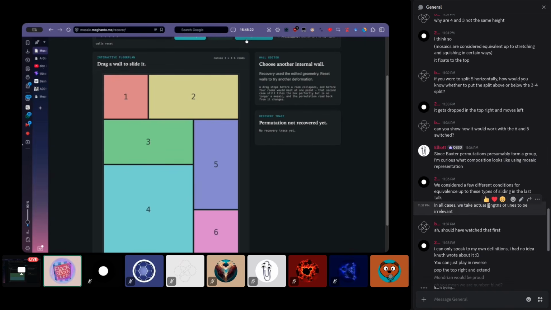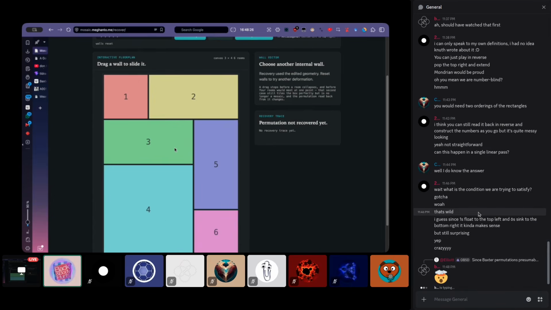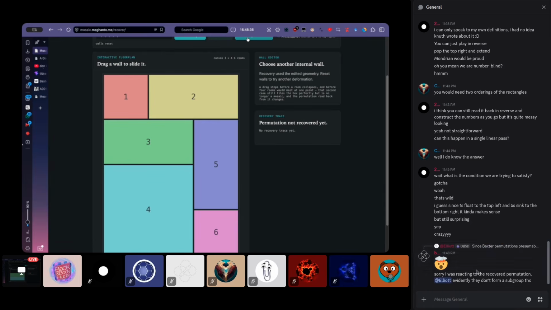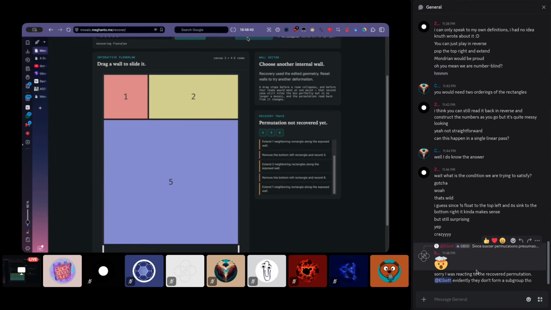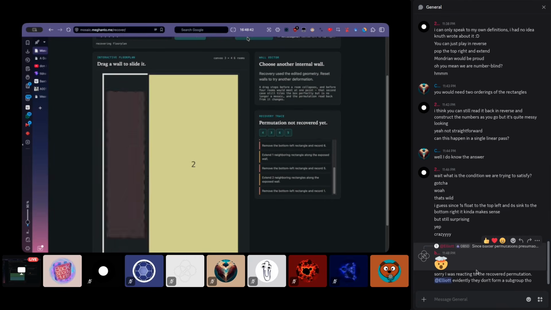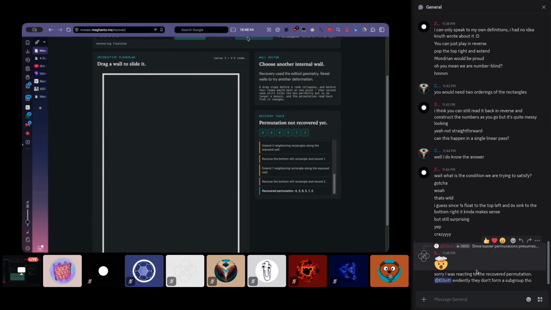The idea is, given any rectangle, if you know the numbers, you just pop the bottom left every time, or the top right. Kind of nifty, right? I think this looks pretty cool.